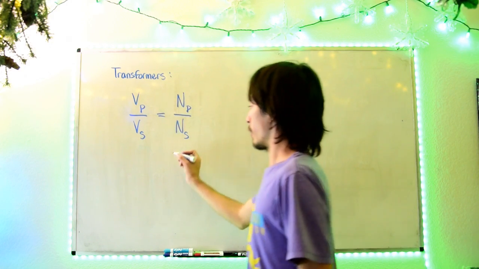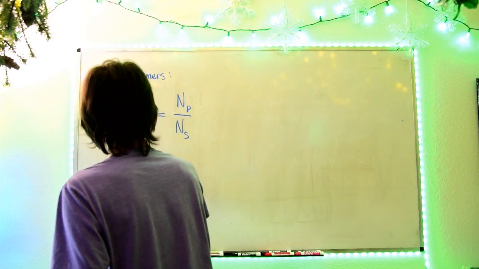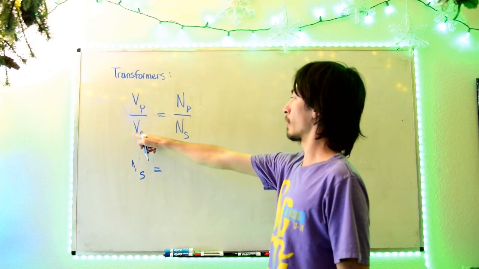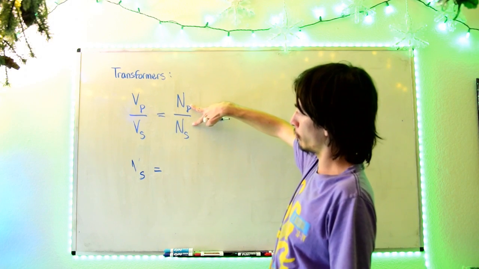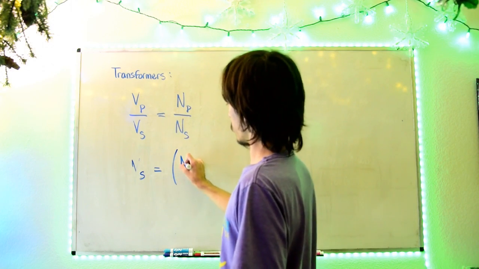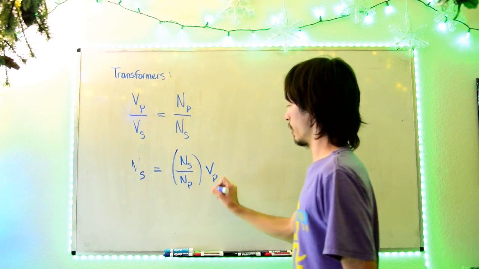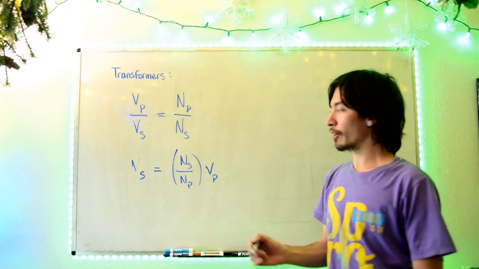So if you end up solving for this, V secondary equals, we're going to just flip this over to the other side. So it's NS over NP times VP. So you solve for the voltage on the secondary.